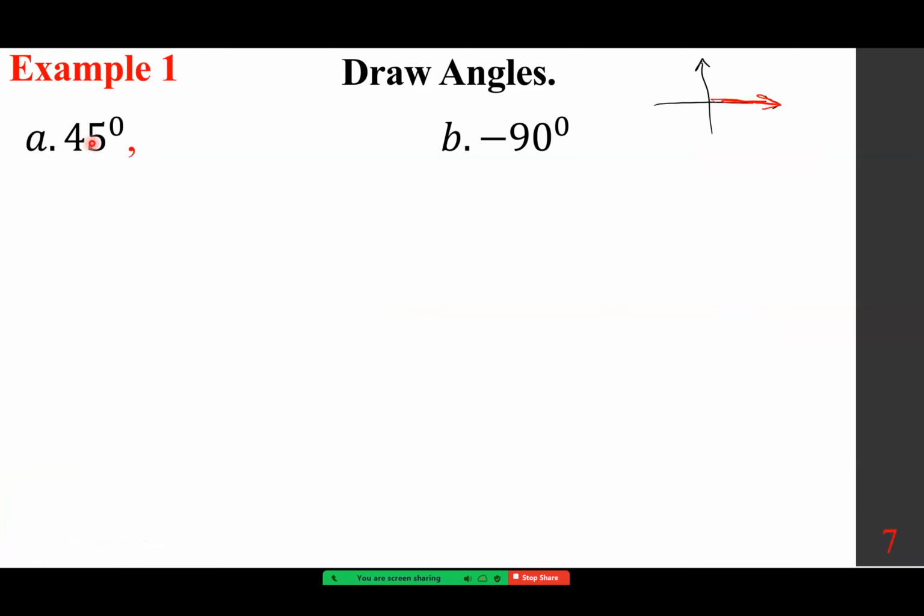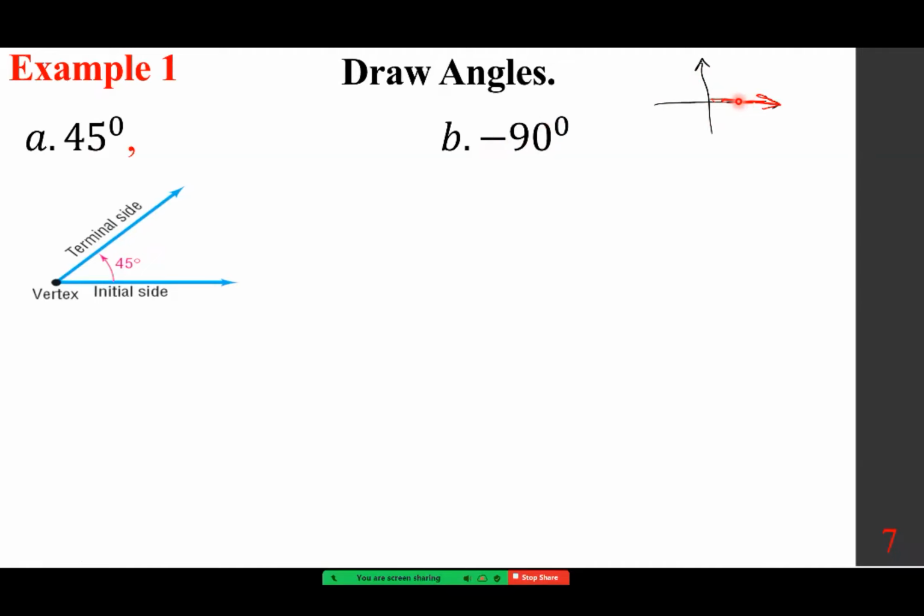We want to go 45 degrees. We go this way 45 degrees, which is, remember, this is 90 degrees, so we go half of that in essence. 90 degrees goes on the positive side, negative goes on the negative side.